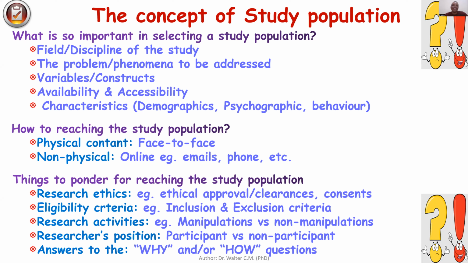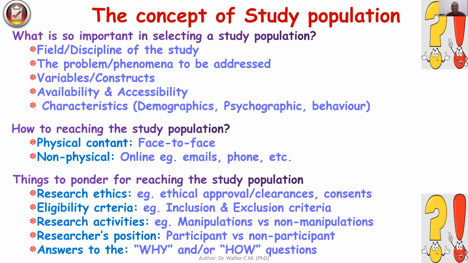So these all are the descriptions of what is study population and what is target population. Target population, as I said, is a concept broader to specific. And then from the study population is where you get a study sample. So we have these three figures: target population, study population, and the study sample.